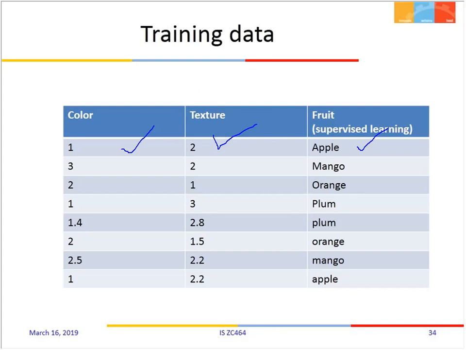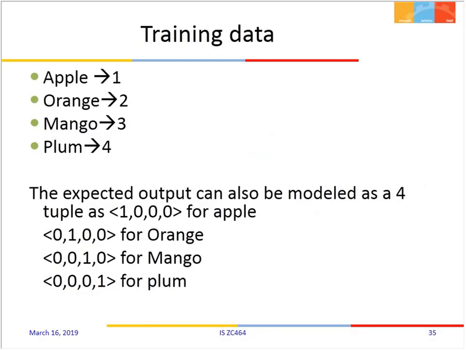So I could have defined a neural network with a single output line. A single output line could have been designed to produce a value 1 to represent apple, 2 to represent orange, and so on. But it is actually very difficult to produce such complex output as 1, 2, 3, 4.